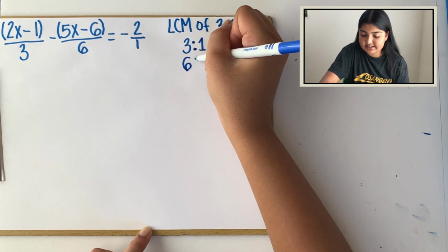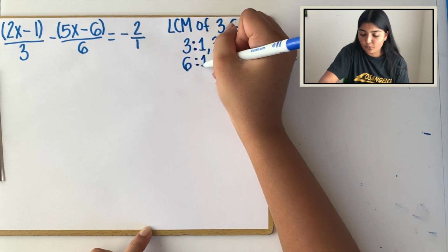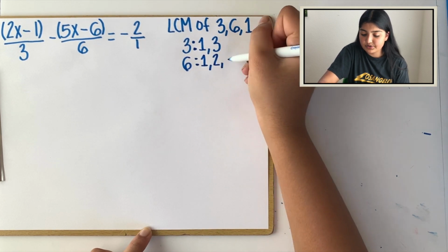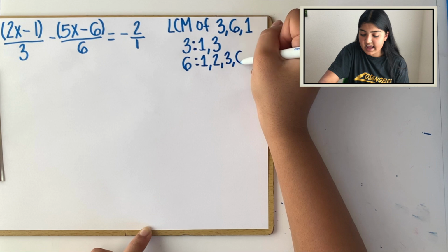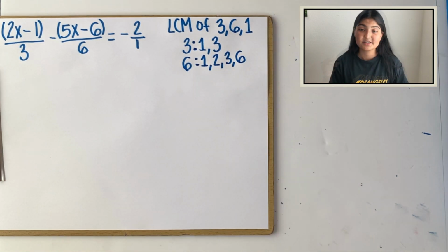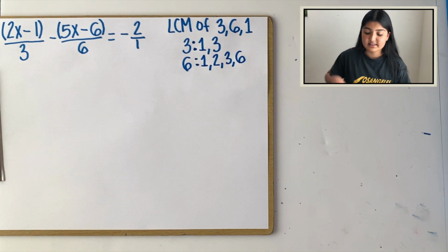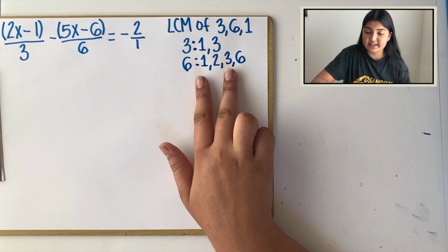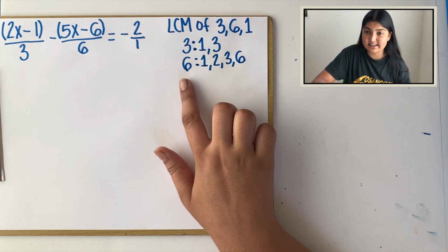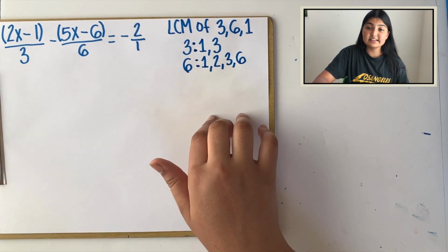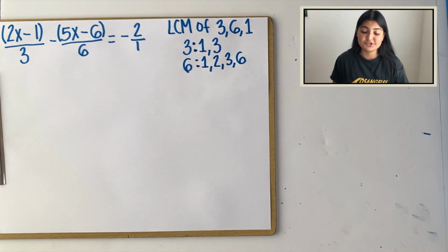The factors for 6 are 1, 2, 3, and 6. So, since 1 and 3 are factors of 6, the least common multiple is just 6.